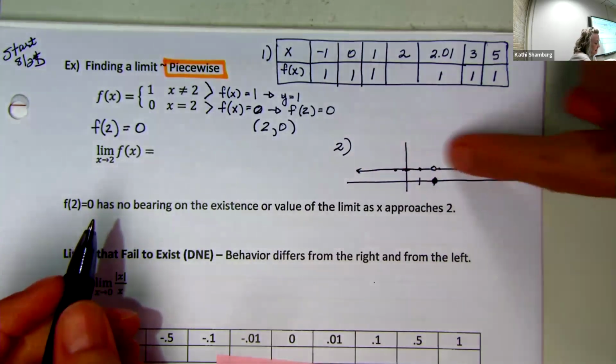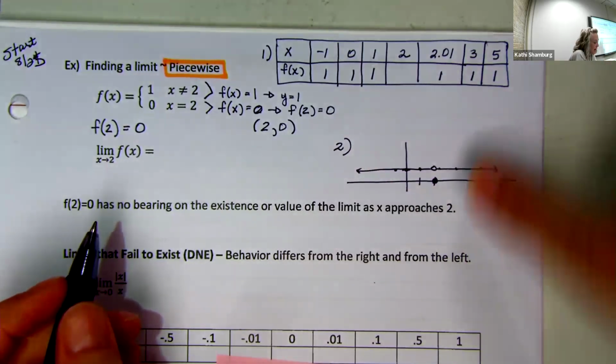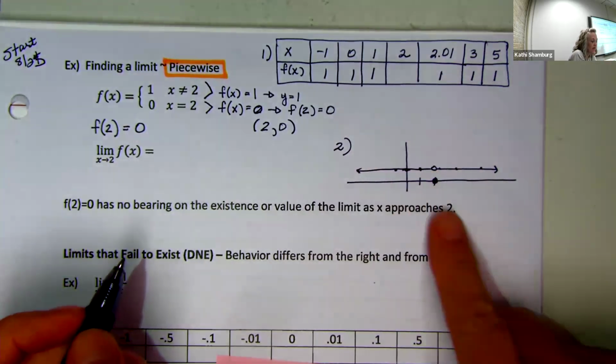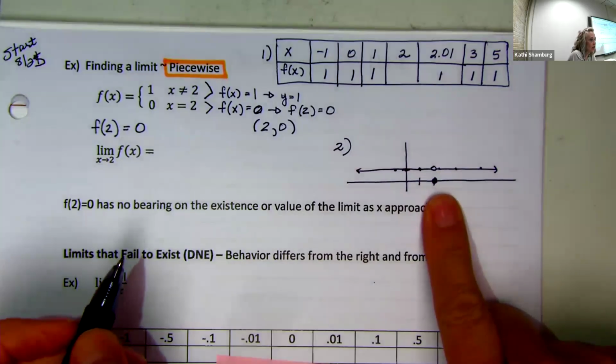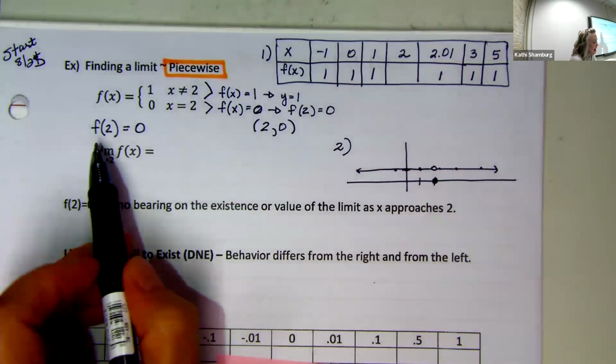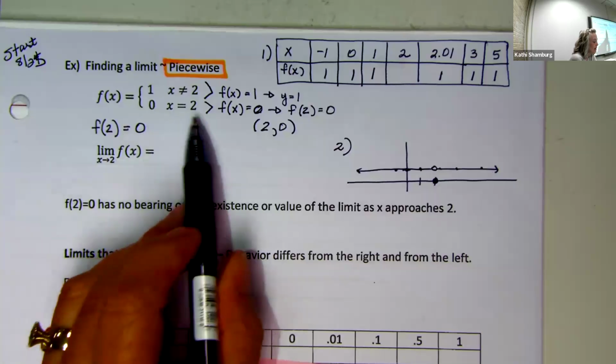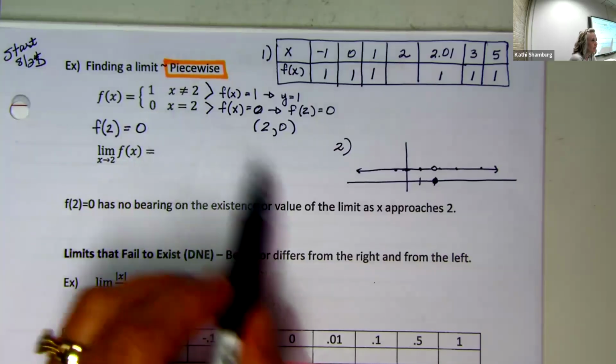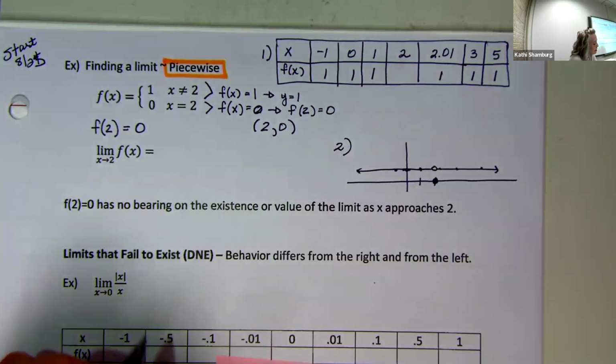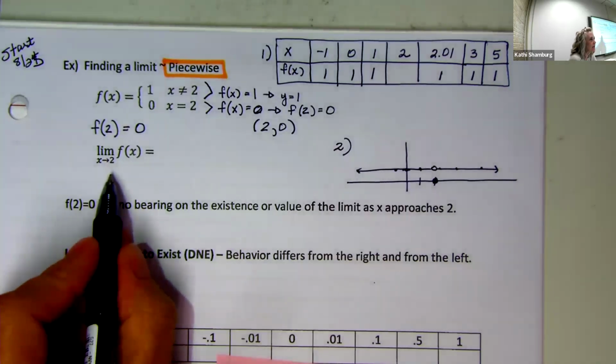It has this horizontal line with an open circle, and then at x equals 2, we know its output is 0. So that's why if you were asked f at 2, when x equals 2, what is your output? 0. That's given right here.